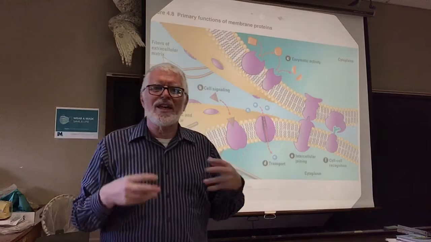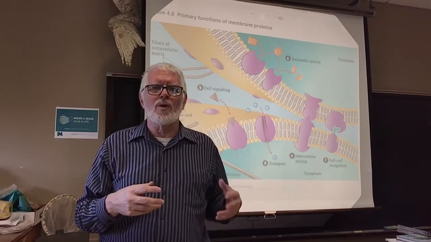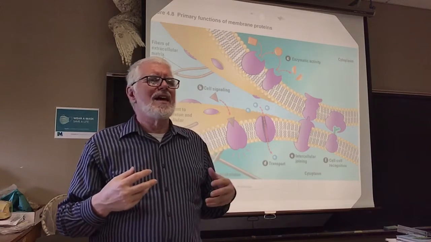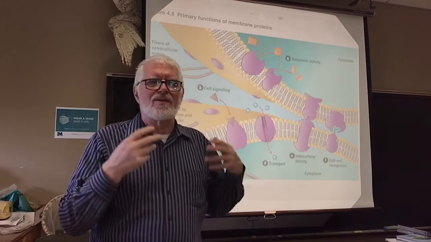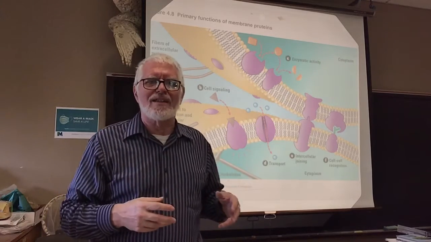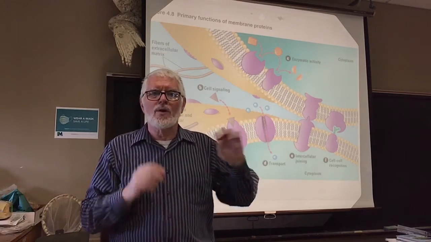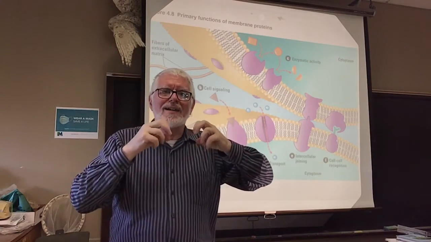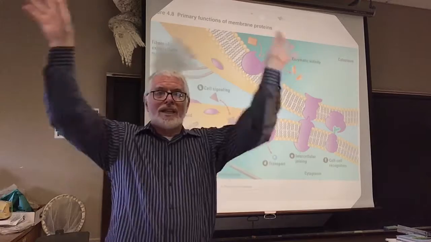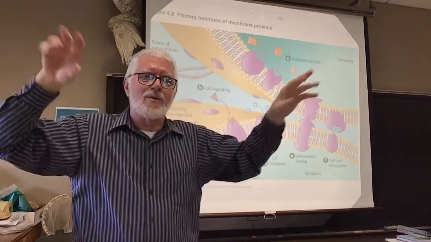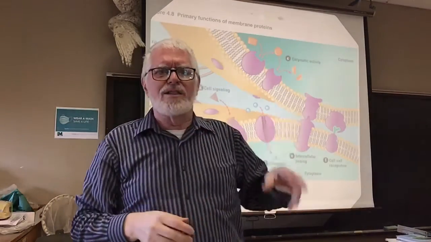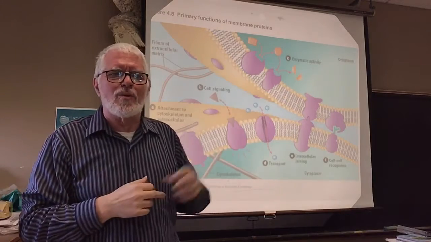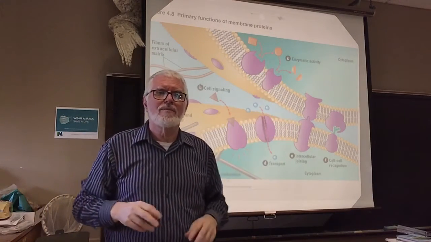Now that gets a little tricky because some of the smallest stuff that can go through the holes are ions, and you don't necessarily want ions just free flowing in and out of the cell. So a lot of times the holes have their own little charges around the rim. So if a positive ion gets close, it gets repelled back out, or a negative ion gets repelled back out. So it's really uncharged little things that can go through, like sugars, like glucose.